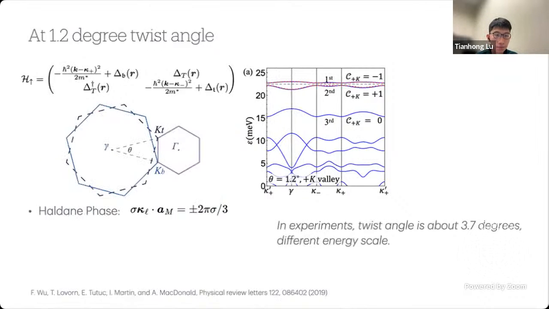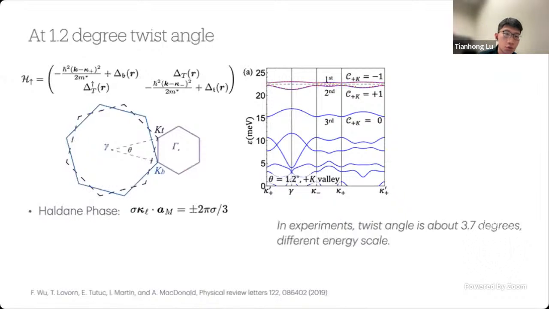And this is the illustration of the momentum space twist. When 2 layers are twisted by a small angle, the K points from the 2 layers shift a bit. And that shift is reflected on the diagonal terms.